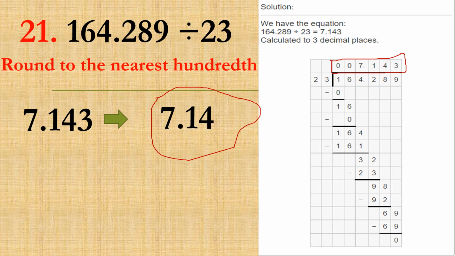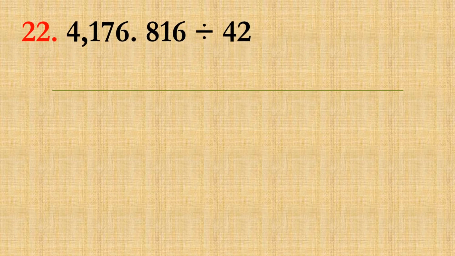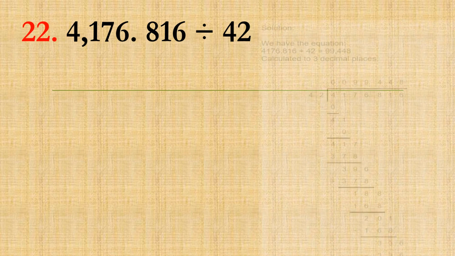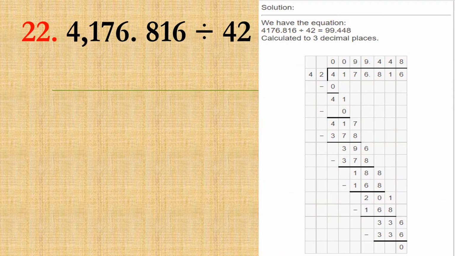Okay? And the last one, we have here the last number, 4,176.816 divided by 42. Okay, so the same as number 21. You're going to divide that one. Divide 4,176.816 by 42.